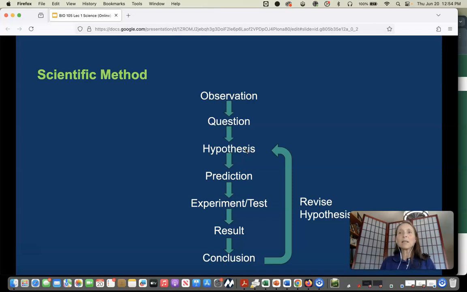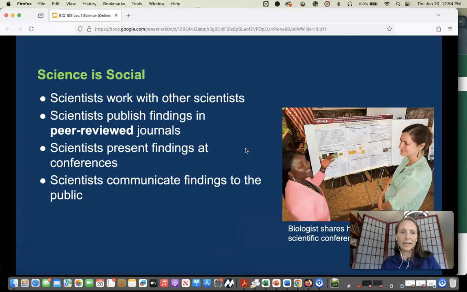I like to think of science as this revolving door, not this door that opens and closes, because again, we're always updating and revising our hypotheses based upon the information that we have available to us at that point in time, and also the technology that we have at that point in time to be able to perform the experiments. So again, that's how I like to think of science.